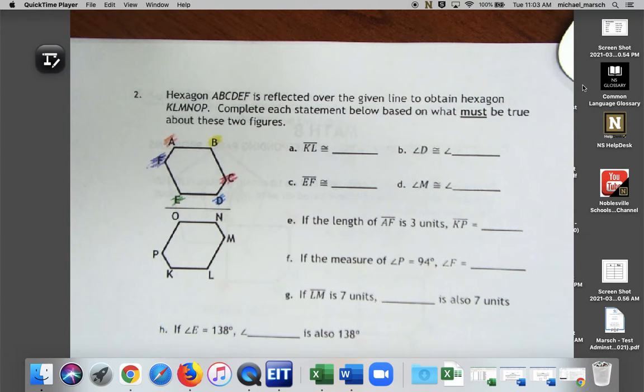If you can't see what the corresponding parts are, remember you can look at the letters that are provided, and the order that they're given are the corresponding parts.